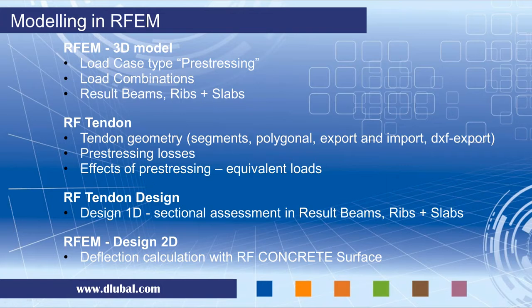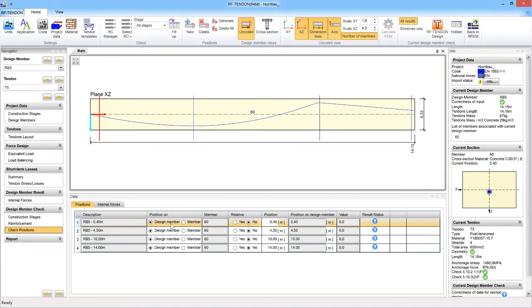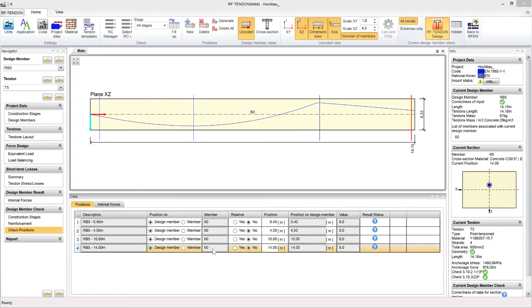Now we go to tendon design. We design the cross sections. In these pre-selected sections, we can go to RF-TENDON Design, and all the data is prepared from the construction stages, from pre-stressing, and we find the cross-section in selected sections, and then the data is generated.